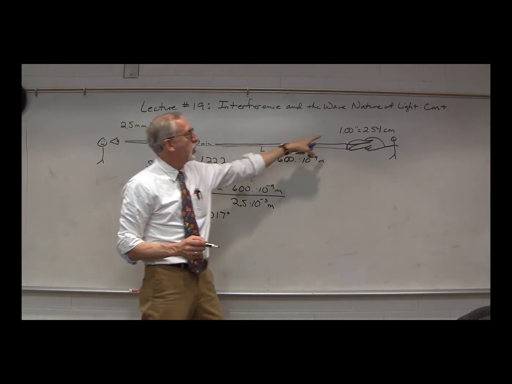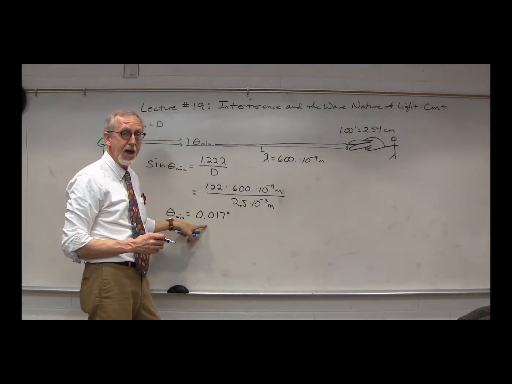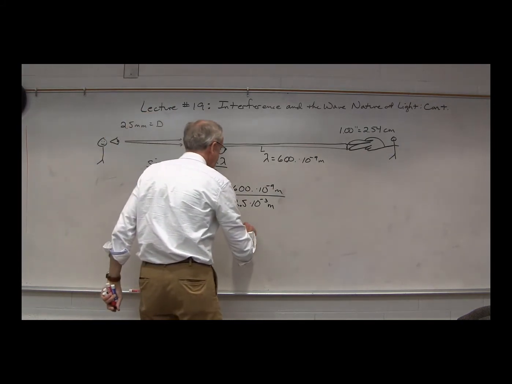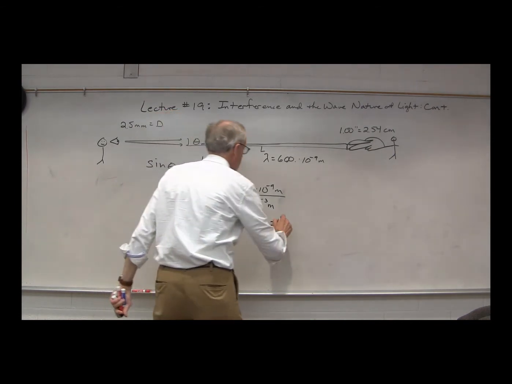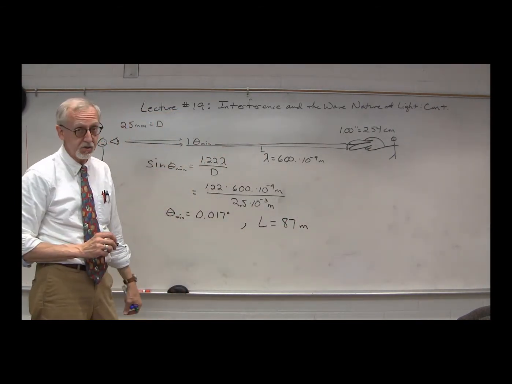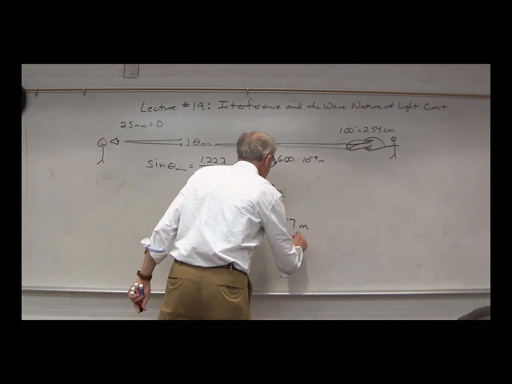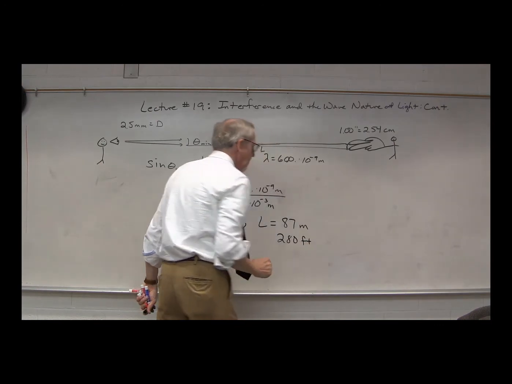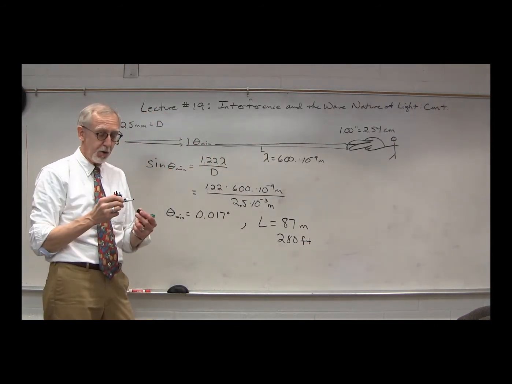So L will be 2.54 centimeters divided by the tangent of our angle. And what we find is that L is equal to about 87 meters. In other words, about 280 feet, which is almost 300 feet, which is the length of a football field.